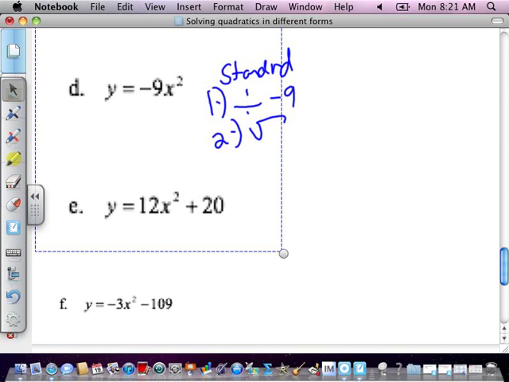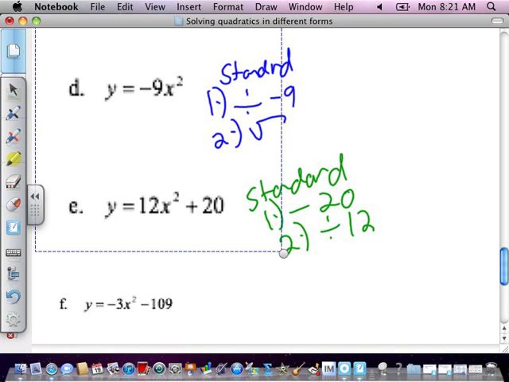What form is E in? It's standard as well, but it's that different kind. What would we do here if y equals 0? The first thing we would do is subtract 20, that's number 1. Step number 2 would be divide by 12, and step number 3 would be square root.